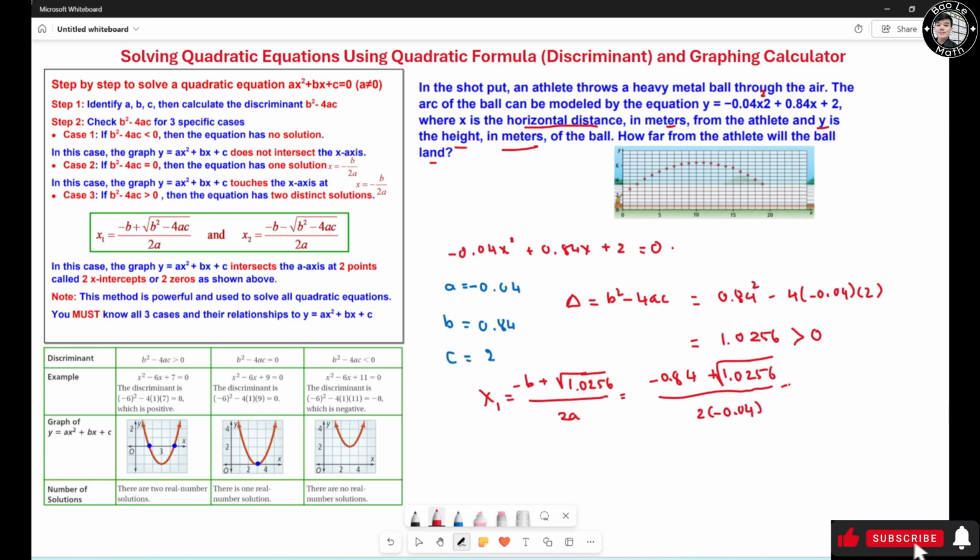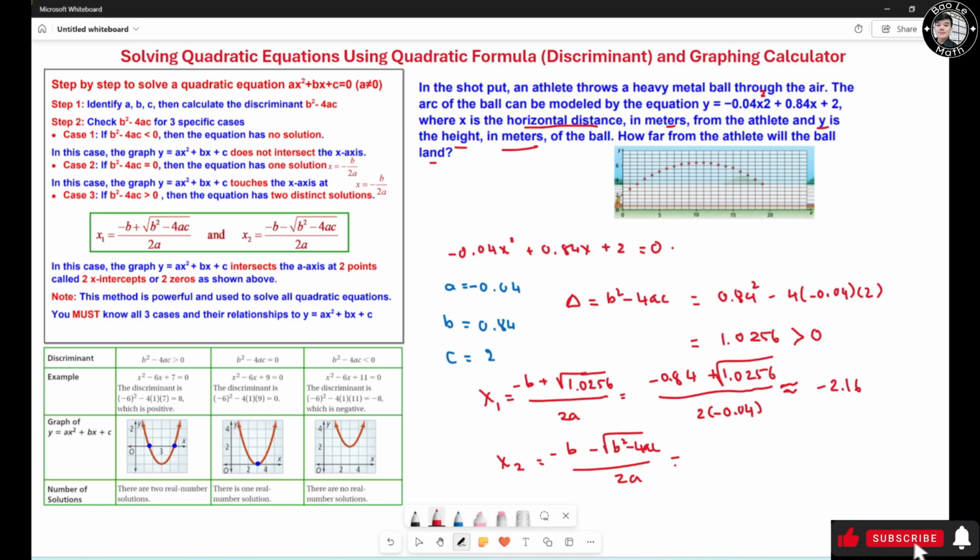Alright, if you calculate this one, it turns out to be approximately negative 2.16. Now s2 is going to be negative b minus square root of b squared minus 4ac over 2a.